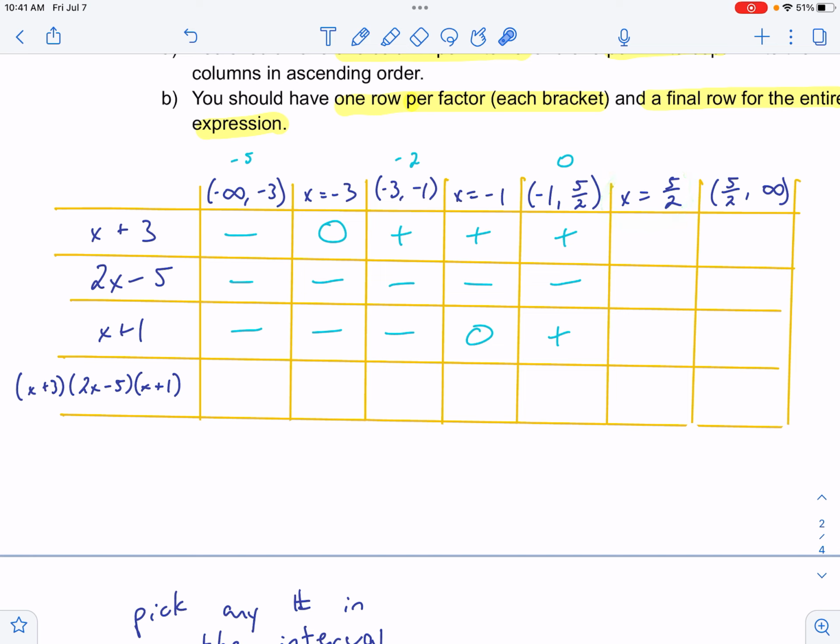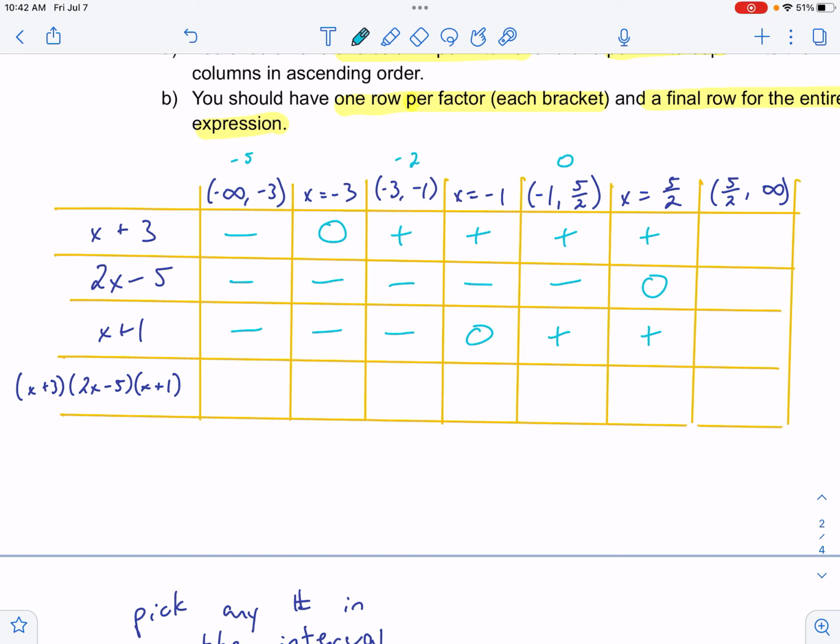Let's put that in. 2.5 plus 3, positive. 2.5 times 2 is 5 minus 5 is 0. 2.5 plus 1 is going to be a positive number.